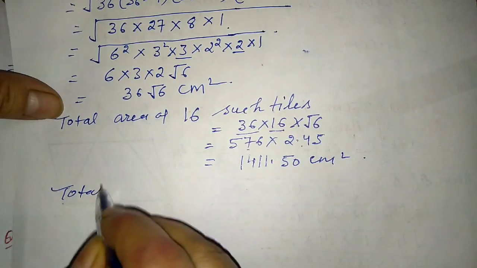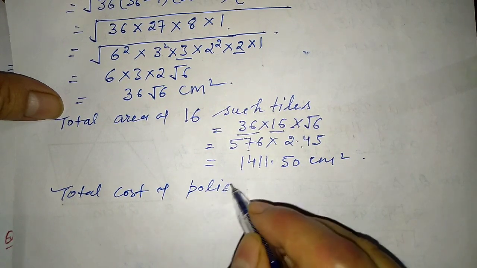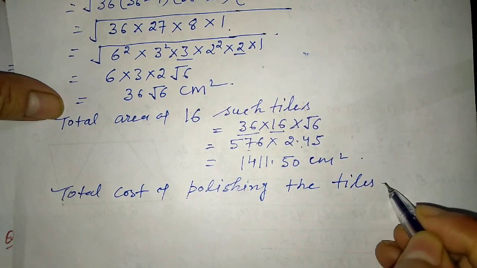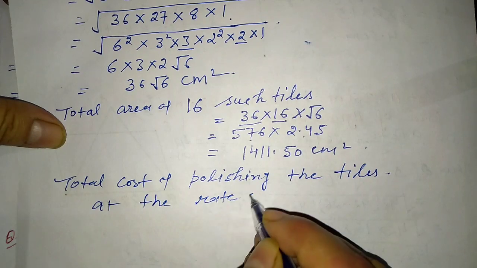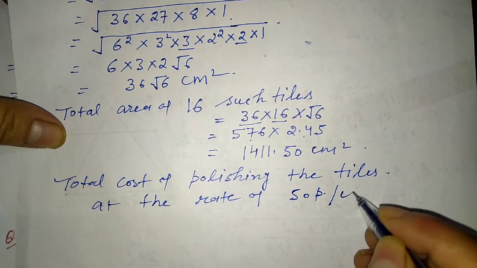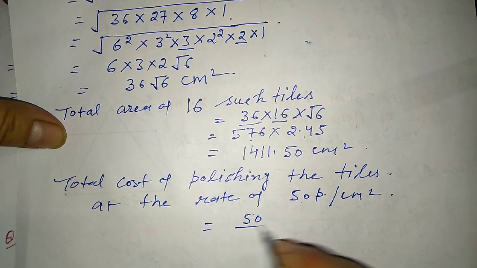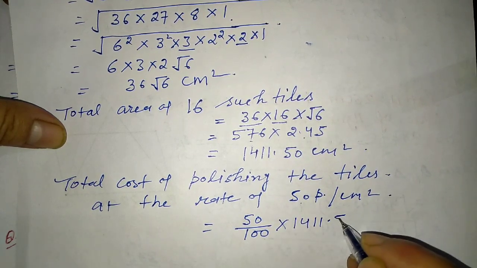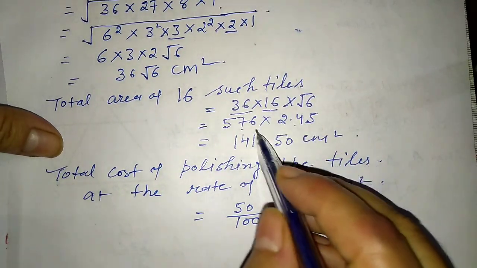Now the total cost of polishing the tiles at the rate of 50 paise per centimeter square. We have to convert these into rupees, so 1411.20 multiplied by 0.50.